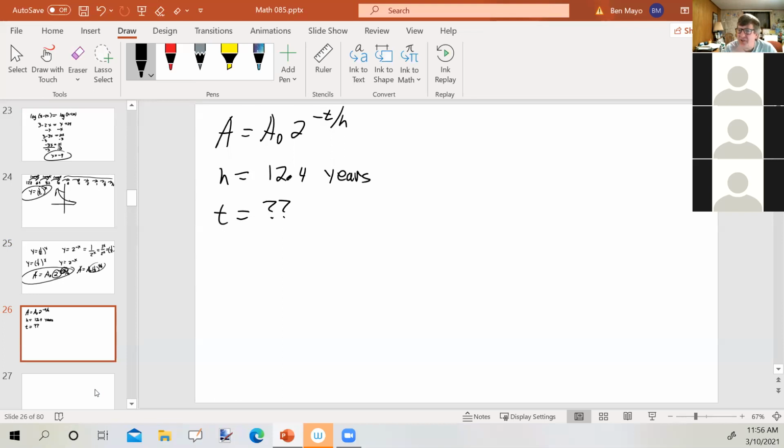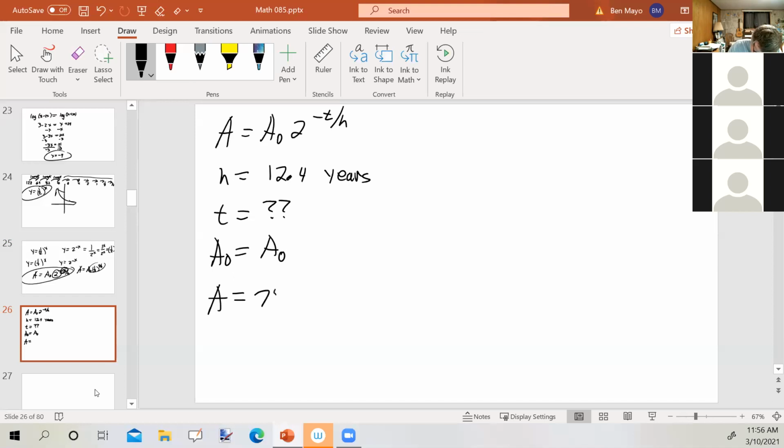It doesn't tell us how much we have in the beginning exactly. It doesn't tell us exactly how much we have in the end. But it tells us this. It says that 25% decomposes. So the starting amount is A sub 0, whatever that is. The ending amount, if 25% decomposes, 75% is left. 75% of what?